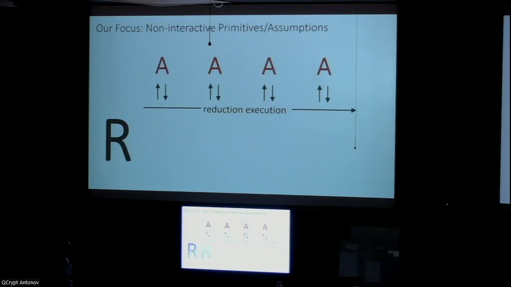So it seems like the answer is yes, but actually the situation, even in this setting, is subtle, and let me explain why. Usually, indeed, the adversary is just a one-shot thing: he gets a question, he answers, and that's it. But still, the way the reduction often works is by running multiple copies of this adversary.